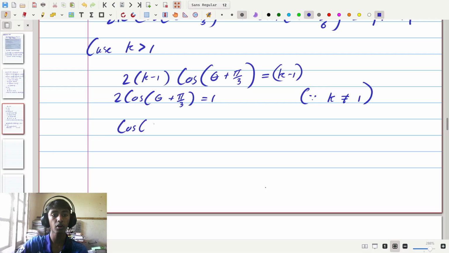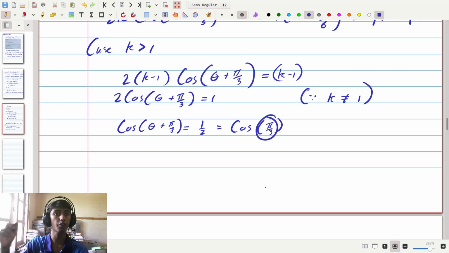So now simplifying this down, if we divide both sides by 2, we get the cosine of theta plus pi by 3 would be equal to 1 divided by 2, and 1 divided by 2 is also equal to the cosine of pi by 3. And therefore we have the cosine of theta plus pi by 3 being equal to the cosine of pi by 3. Now from this we know if the cosine of any angle A is equal to the cosine of any angle B, then A must be equal to 2n pi plus or minus B, where n is an integer.